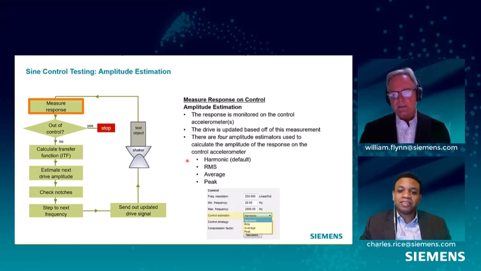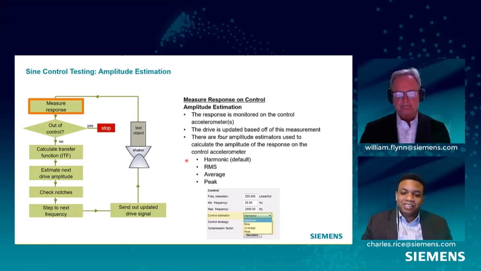So you might want to take into account some of those harmonics and some of the noise that's in the system, and be able to monitor that in case those induce some higher amplitudes than are really wanted, and you want to avoid the overtest. You can actually choose multiple of these to monitor those. If you want to choose a harmonic and an RMS of some response channels, you can do that and monitor these others while you're controlling to a particular amplitude estimator.